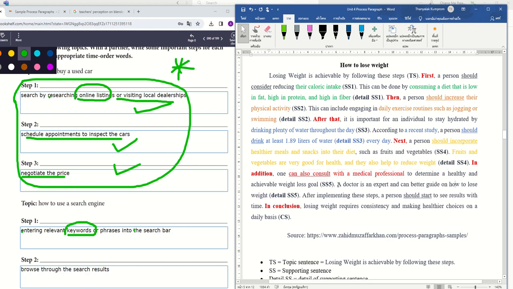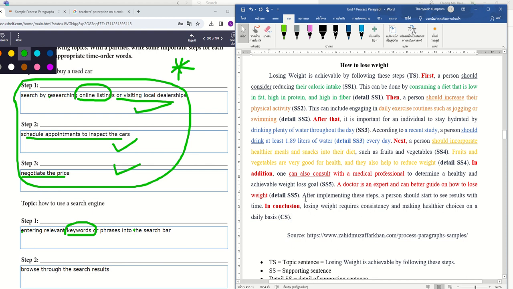How? A doctor is an expert and a better guide on how to lose weight. See? You can see the alignment between SS and the detail of SS.